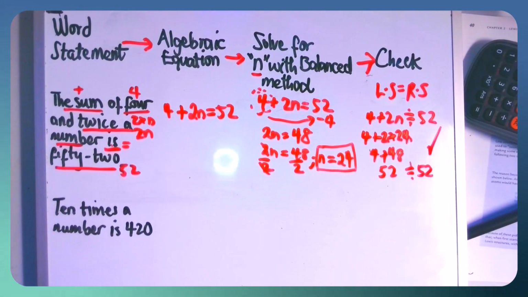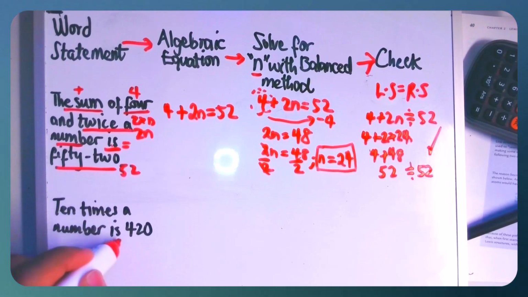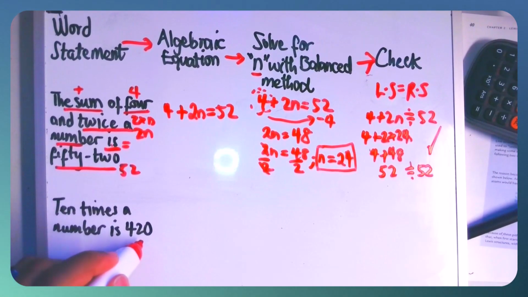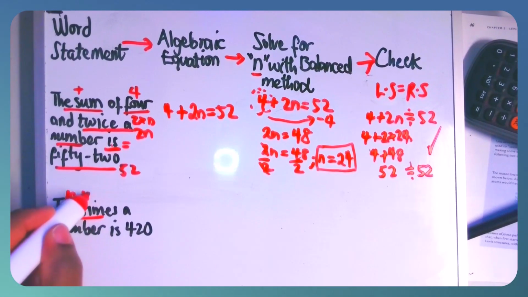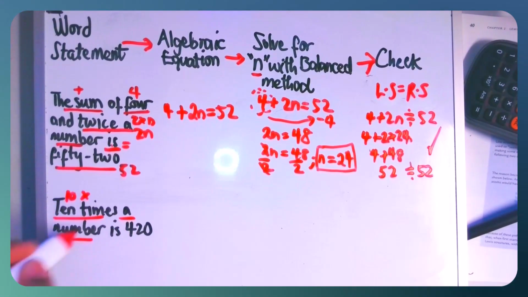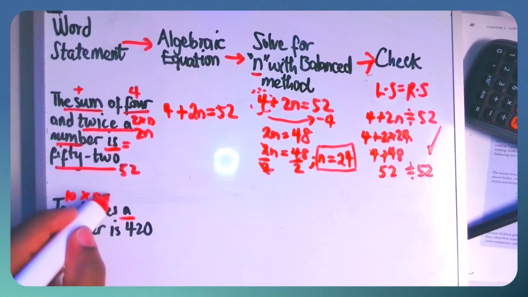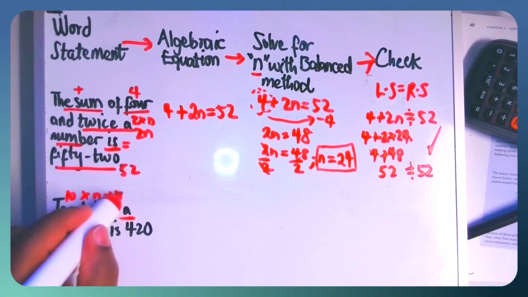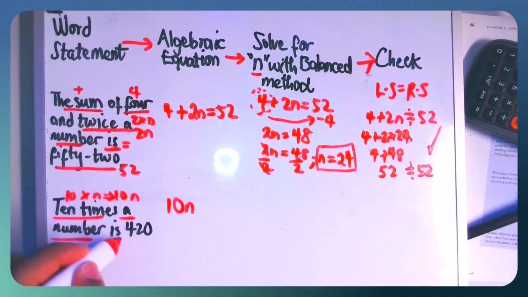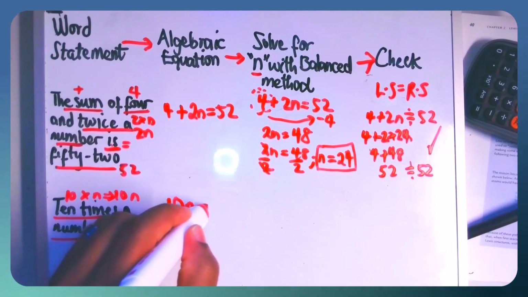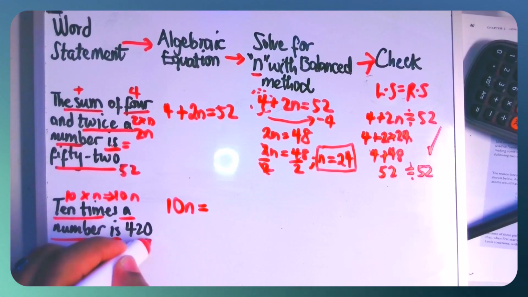Now, this one here, it should be straightforward, because it says here that 10 times a number is equal to 420. So in this case, 10 times a number, where the number is represented as the variable n, is the same thing as what? 10n. So that will be our first thing here. And this here is, in this case, equals, and our value or result is 420.